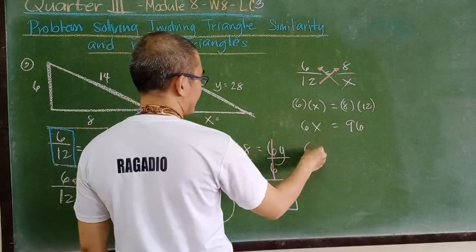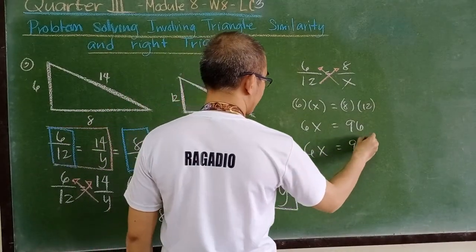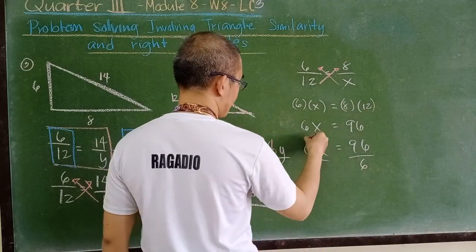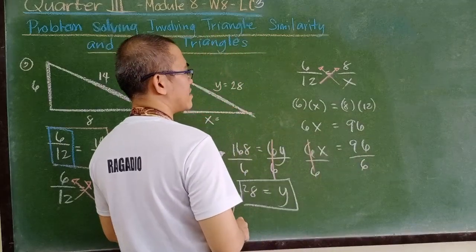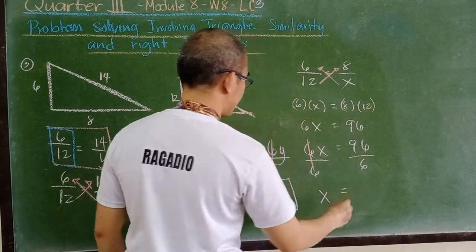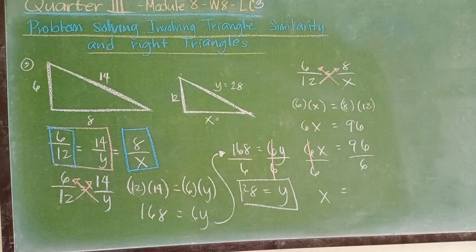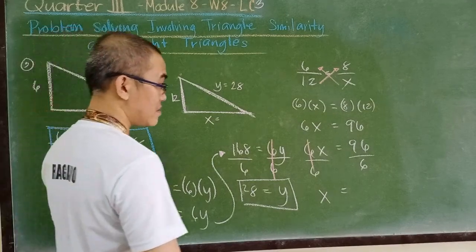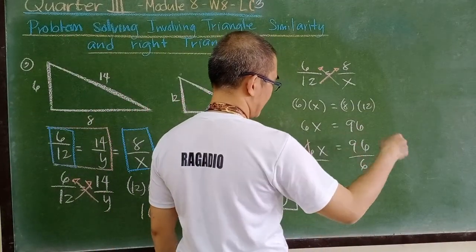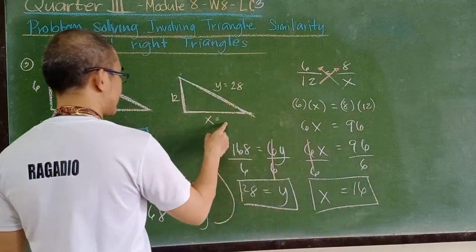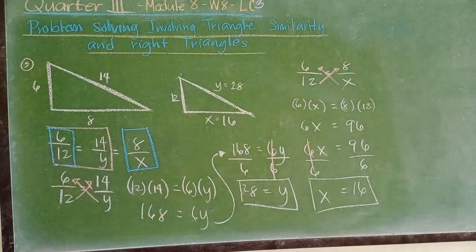And then divide both sides by 6. So this will be cancelled. So x is 96 divided by 6, that is 16. So yung x natin will be 16.